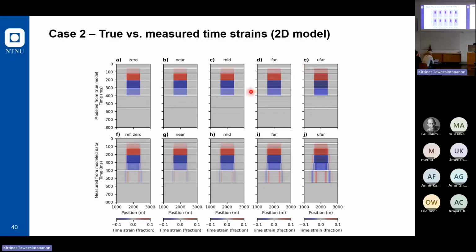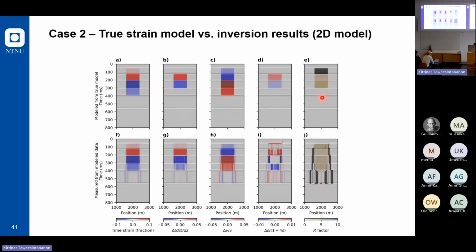The top one is the time strain from the true model, and this is the measured time strain from the seismic data by elastic modeling. You will see that there is some artifact here that's not the same as the true model. That comes from some artifact or error in the calculation. This slide shows the results of our inversion compared to the true model on the top.